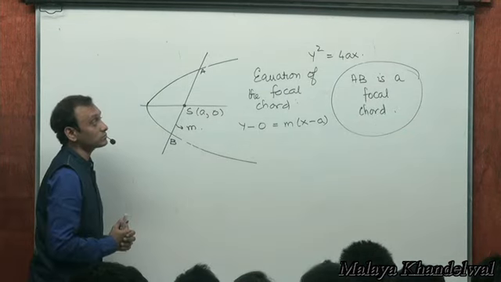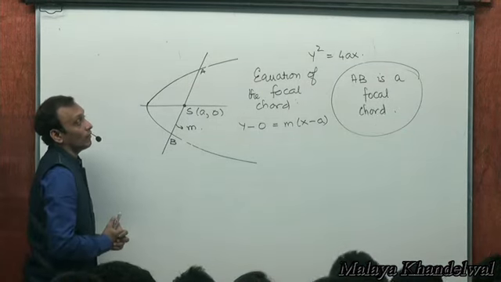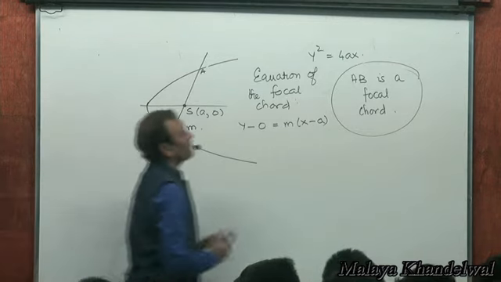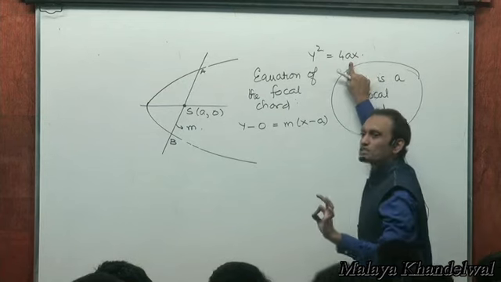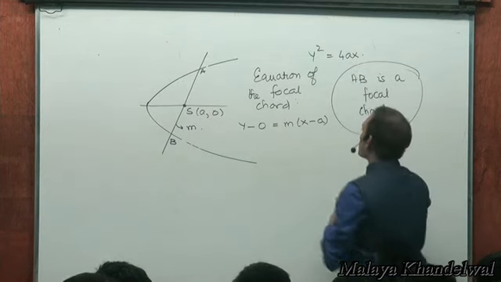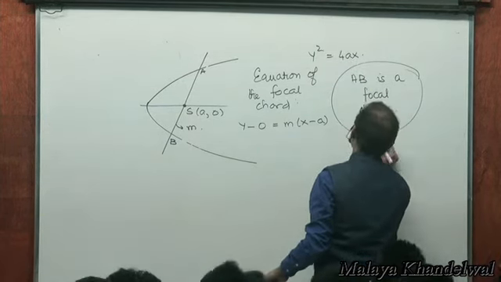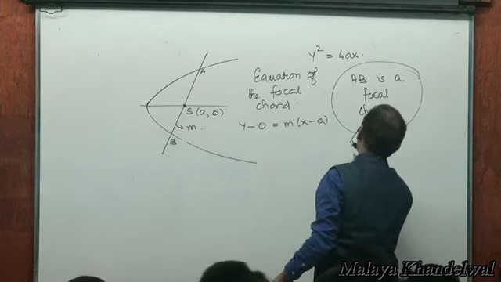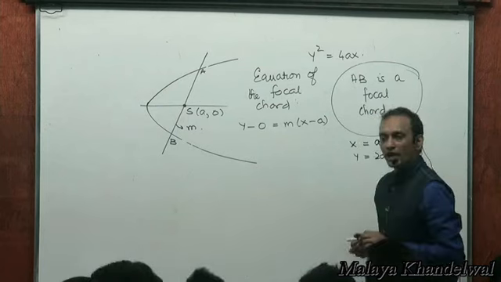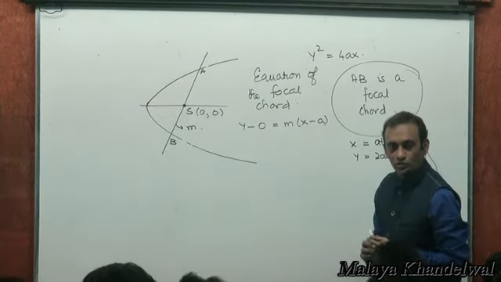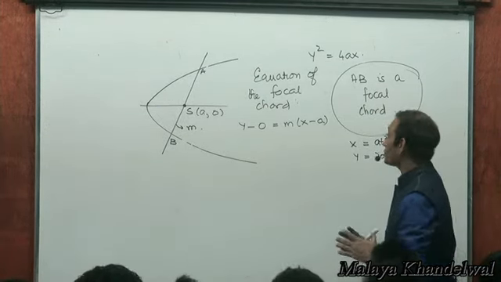Now, instead of solving this equation with this equation, it could be replaced by a parametric equation. That means any point on the parabola could be written as x equal to at squared, y equal to 2at. That's how you could write any point on the parabola.